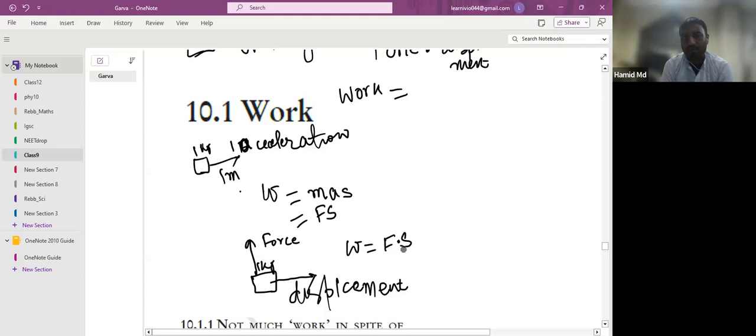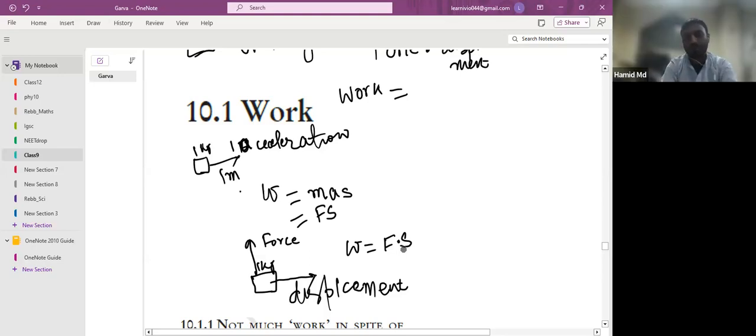My point is, displacement is in this direction and force is perpendicular to the displacement. So what will be the work done? If force and displacement are perpendicular to each other, the work is 0.